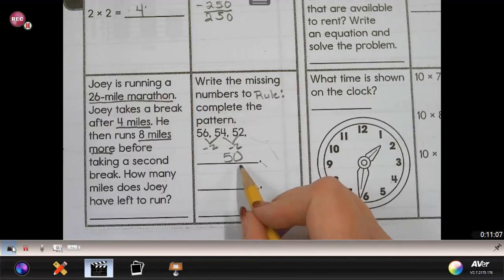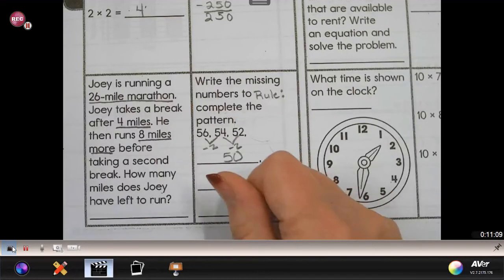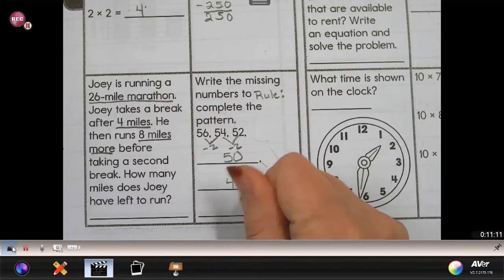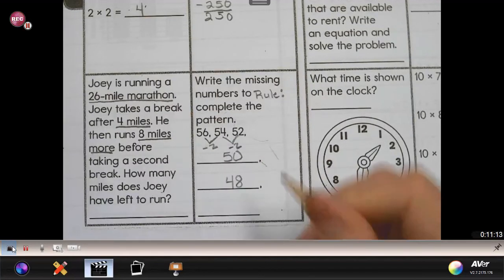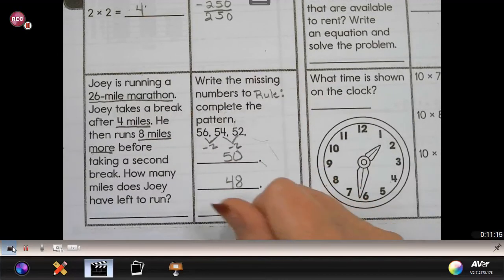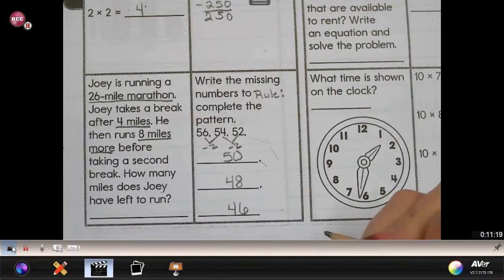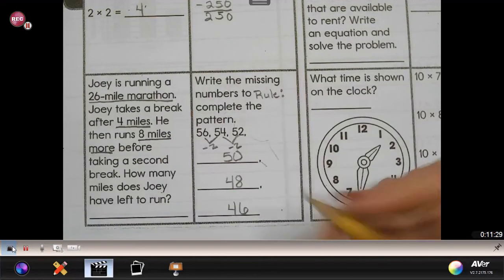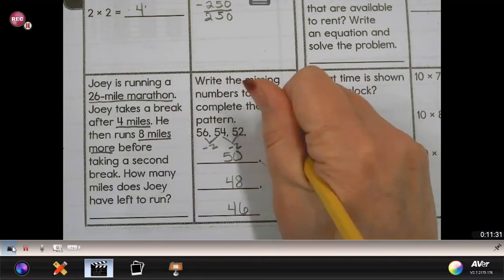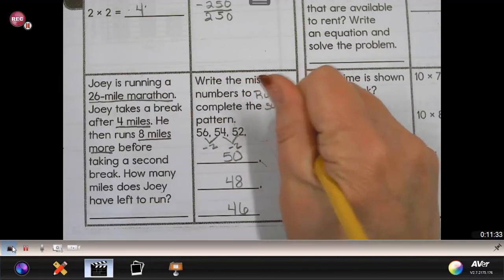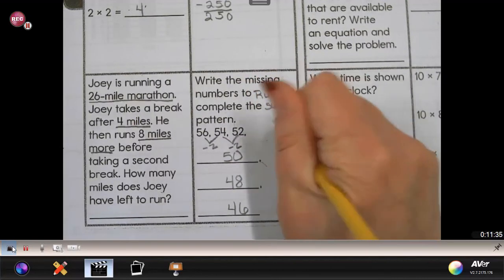These are even numbers. If you said 48, that would also be correct. Subtract 2 again, you're at 46. If you were to continue this pattern of counting back by 2s, basically you're skip counting back 2 each time. So the rule is subtract 2.